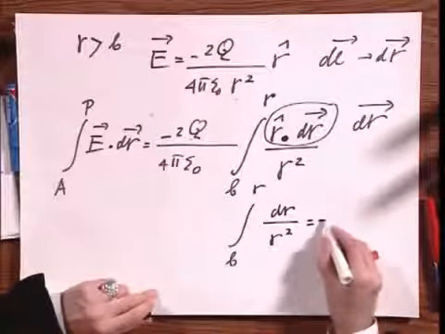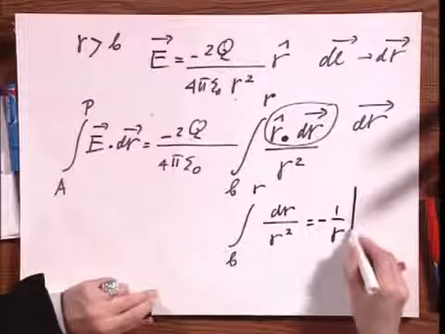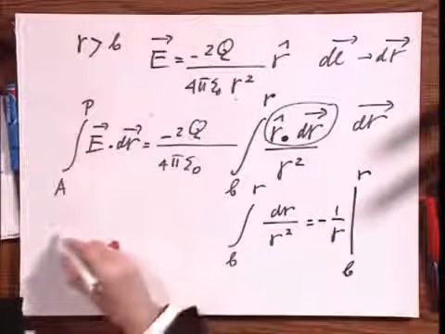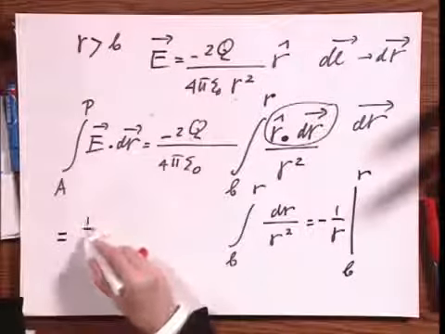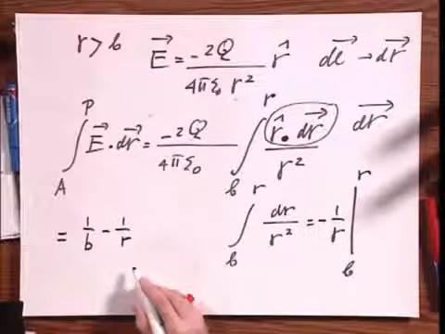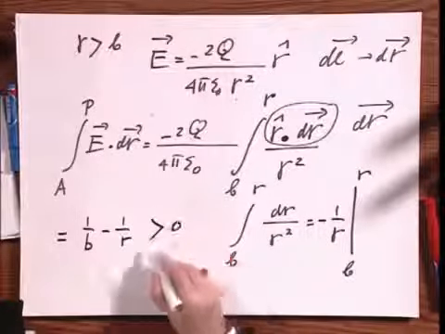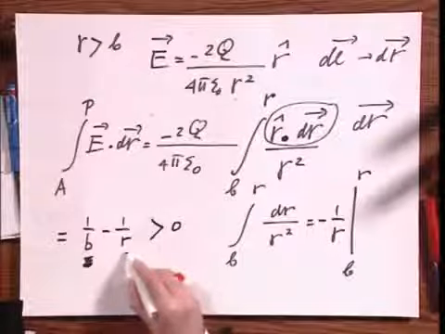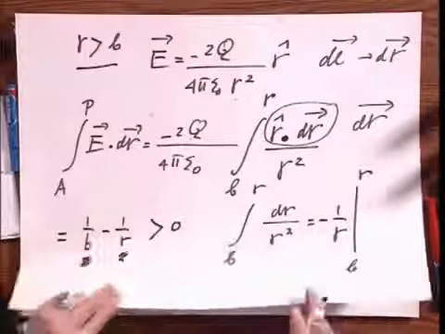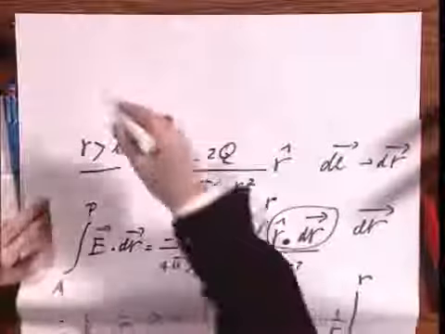And that equals minus 1 over r between B and R. And so that equals 1 over B minus 1 over R. And this value is positive, because B is smaller than R, because R was outside B. And so this is the neat way to do it, the elegant way.